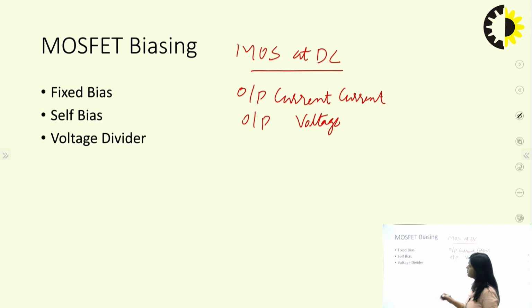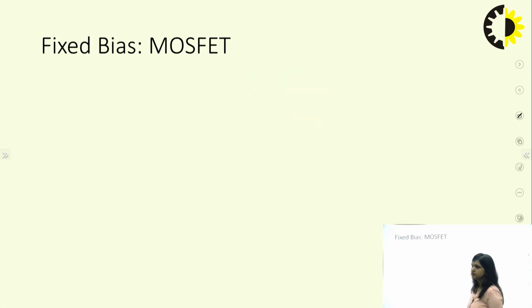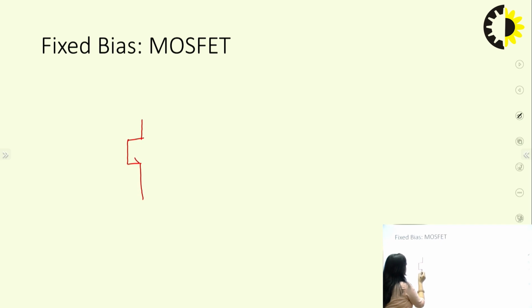So this is the meaning of DC operating points. With the help of fixed bias, self bias and voltage divider, we can bias the MOS circuit. For the fixed bias, let's draw the circuit diagram. We are using a MOSFET which is N channel, again we are taking the example of N channel, and this is the representation of an enhancement type MOSFET. I am not increasing the thickness of this second line, so this represents an enhancement type of transistor.